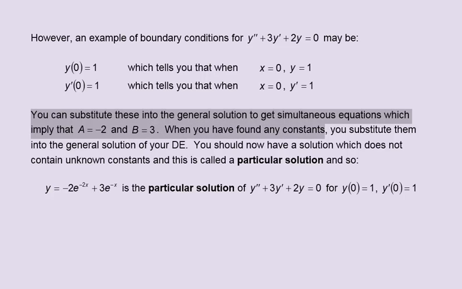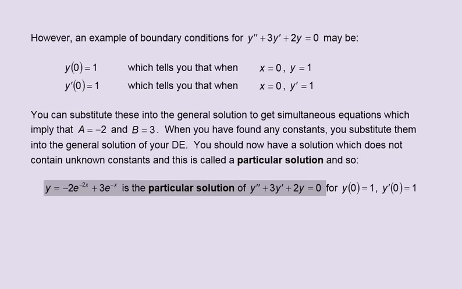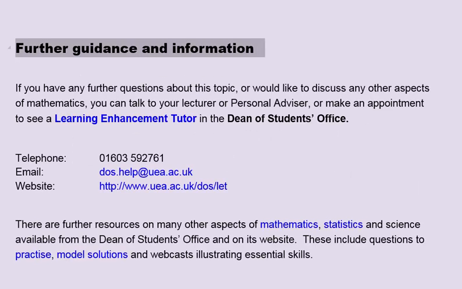When you have found any constants, you substitute them into the general solution of your DE. You should now have a solution which does not contain unknown constants, and this is called a particular solution. And so, y equals minus 2e to the minus 2x plus 3e to the minus x is the particular solution of y double prime plus 3y prime plus 2y equals 0 for y of 0 equals 1, y prime of 0 equals 1.